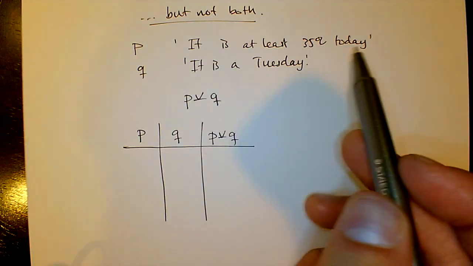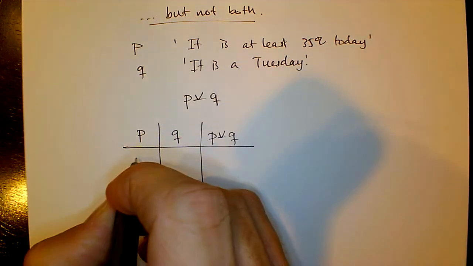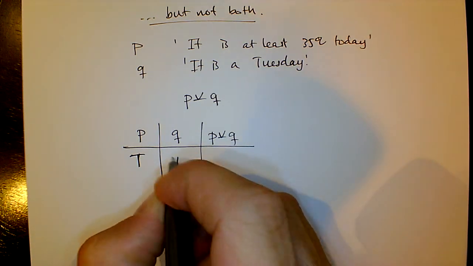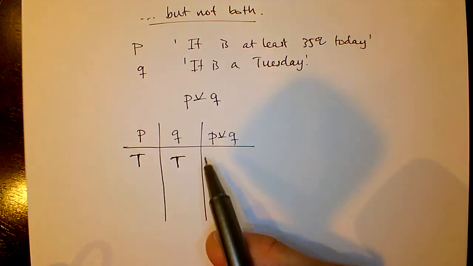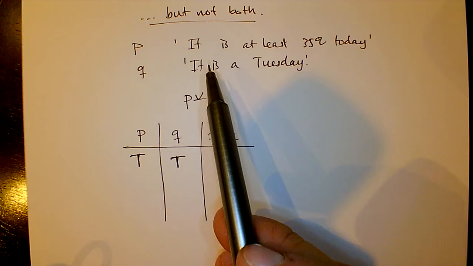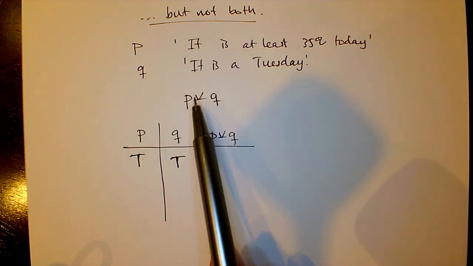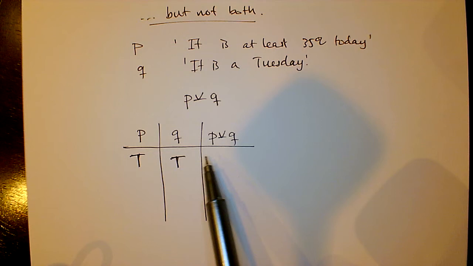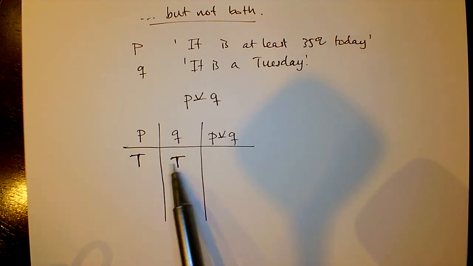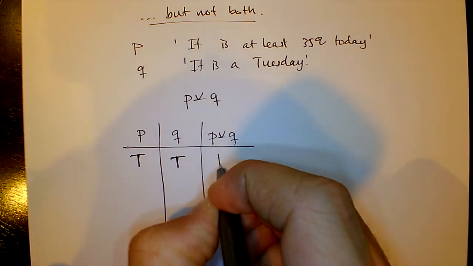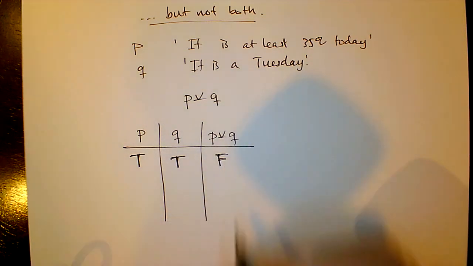So it is at least 35 degrees Celsius today, so then that's true, and it is a Tuesday, so then this is true as well. Then according to exclusive disjunction, we can't have both. So when we're looking at the exclusive disjunction of these, at the moment it's both of them. So then this exclusive disjunction is false.